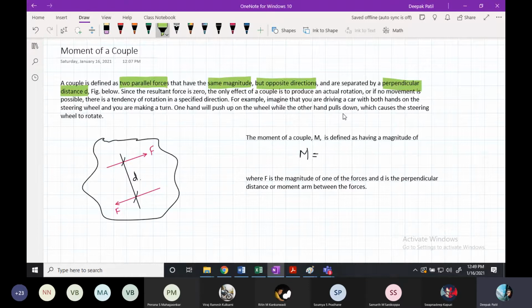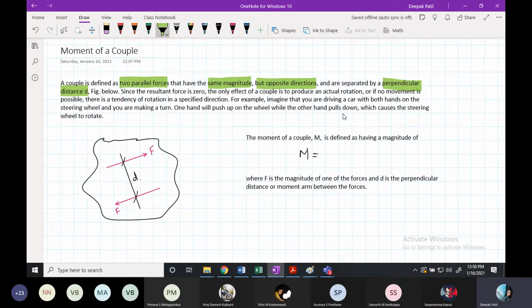What will be the tendency of that couple? You can see the steering will only rotate in the clockwise or anti-clockwise direction, so the effect of the couple will be only the rotation. The directions of the forces will tell you in which direction it will rotate, whether it will rotate in a clockwise direction or in an anti-clockwise direction.